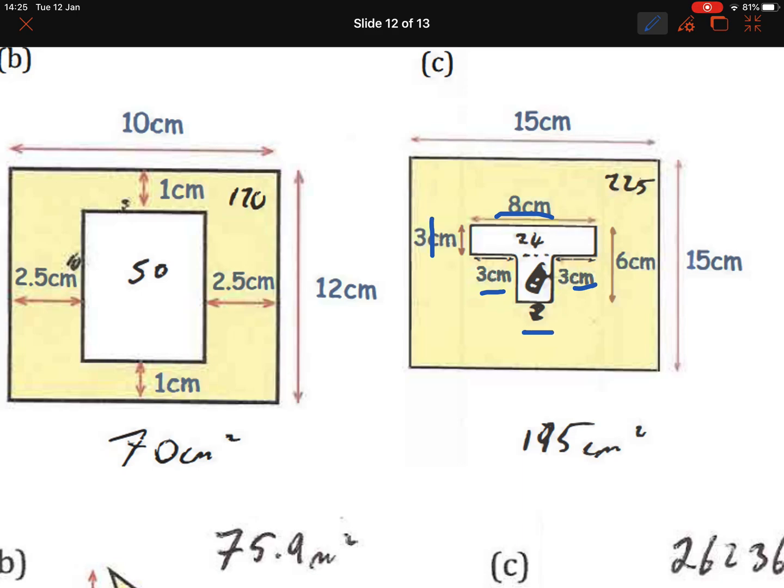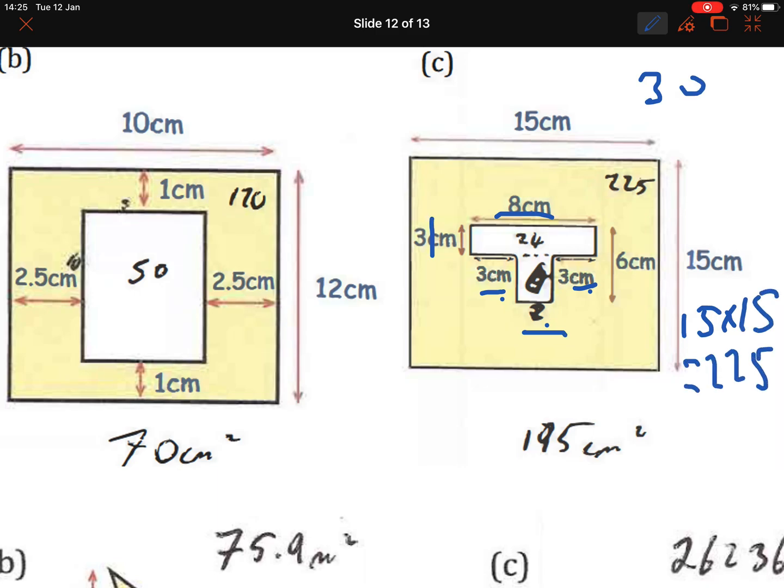Sorry, they've taken away 2 lots of 3 from here, so that's 2. So if we do 3 times 2, that's 6. So you've got to add 24 to 6, and the area of the compound shape would give you 30.